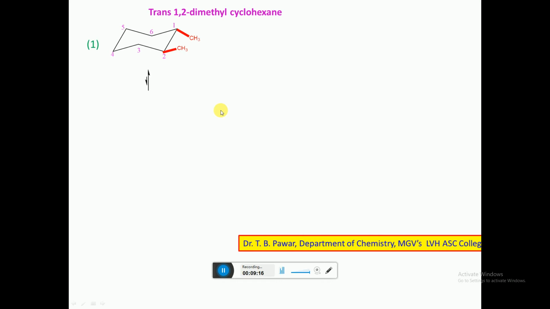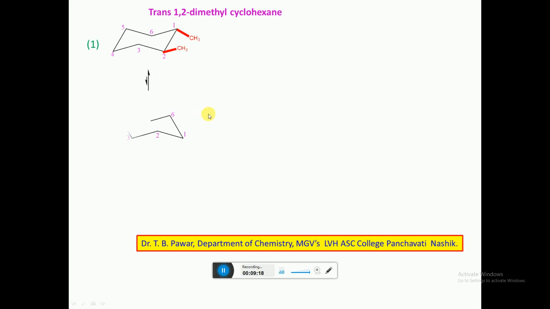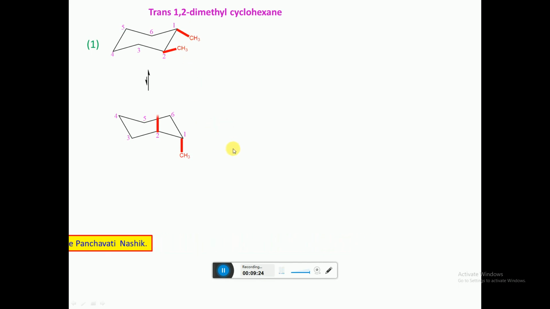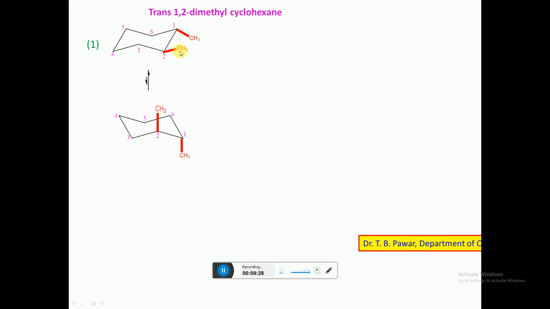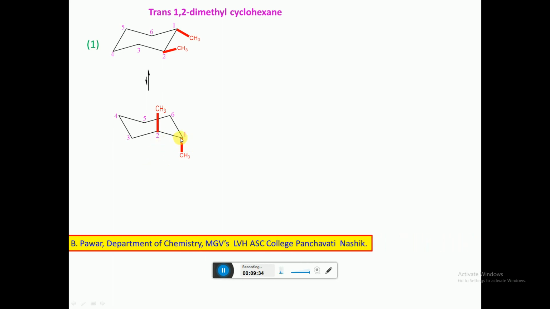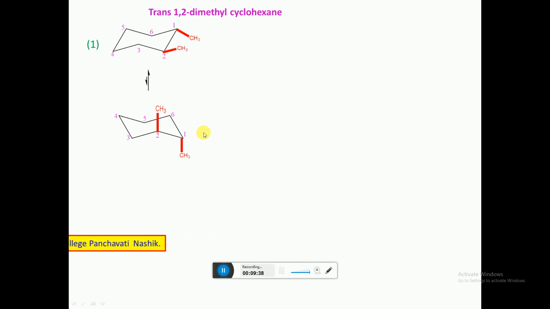So structure 1 flips into structure 2, and when it flips, both equatorial become axial. Carbon number 1 equatorial gets axial. Carbon number 2, the CH3 equatorial, changes to axial. Here, one is projected below the plane, another is projected above the plane, meaning opposite sides of the plane, so it is trans.